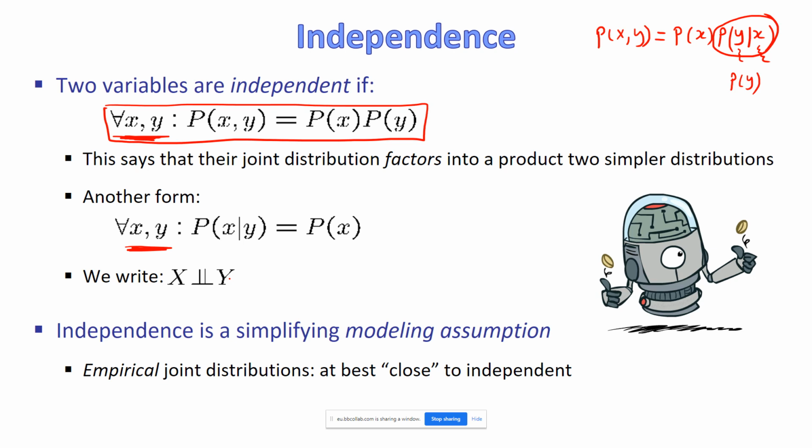Okay, now independence is a simplifying modeling assumption, and actually it doesn't happen in reality so much. So this is in very rare cases, independence. Although we tend to see some things that are completely independent, in reality there might be some circumstances where one will affect the other.